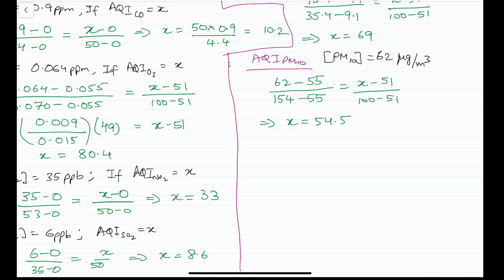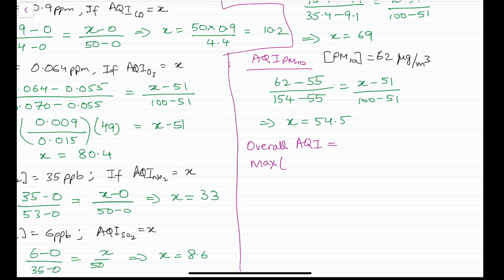Okay, so we calculated all these values, and now our next step would be to just calculate the overall AQI. So the overall AQI would be equal to the maximum of all these different values, right?